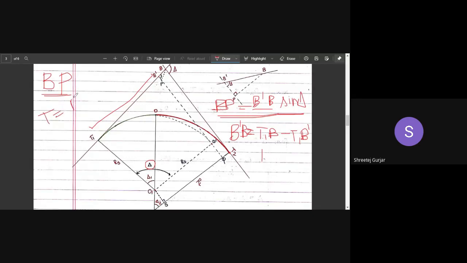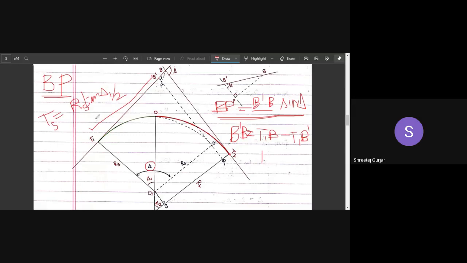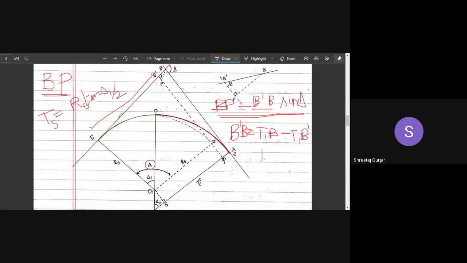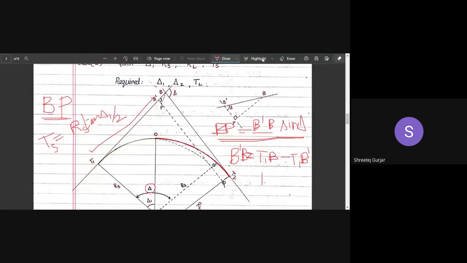Tangent length is nothing but R tan delta by 2, correct? For this, it is RS and delta 1, correct? For your shorter tangent length, it is RS tan delta 1 by 2. Sorry, it is not tan delta 1, it is tan delta. It is just tan delta, right?